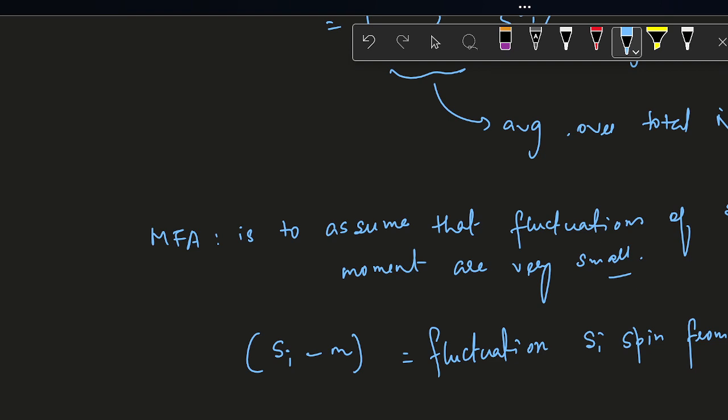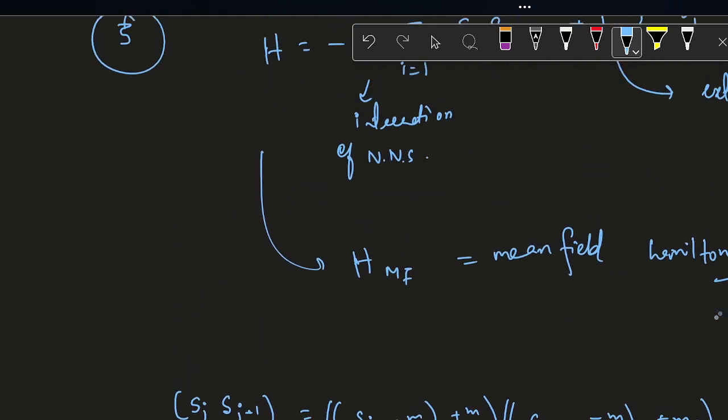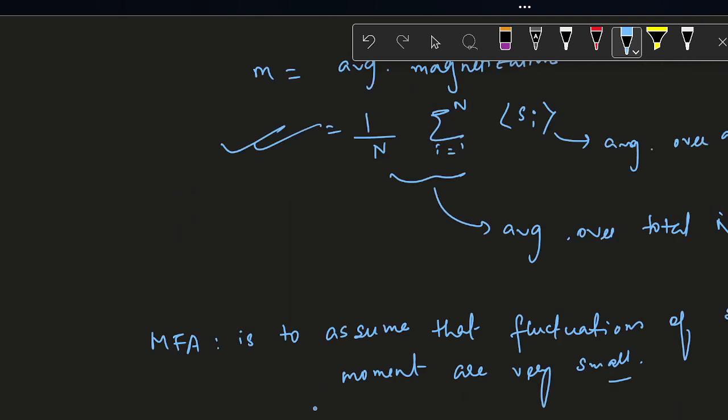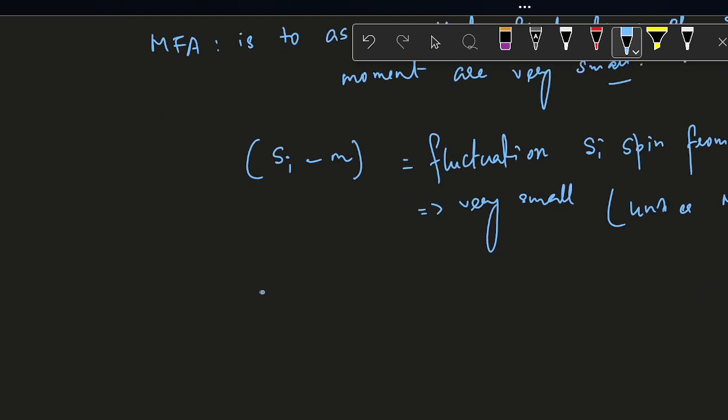Okay, so m is your average over S. This is your average magnetization, which is defined here like this. So this fluctuation is a very small value. Under the mean field approximation, this is assumed. So similarly, for any S_{i+1} minus m, this fluctuation for the (i+1)th spin will also be very small under the same mean field approximation.